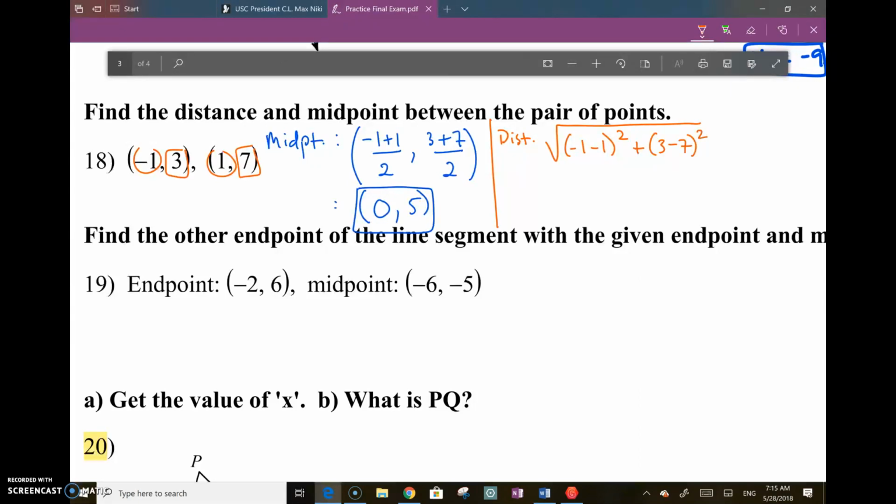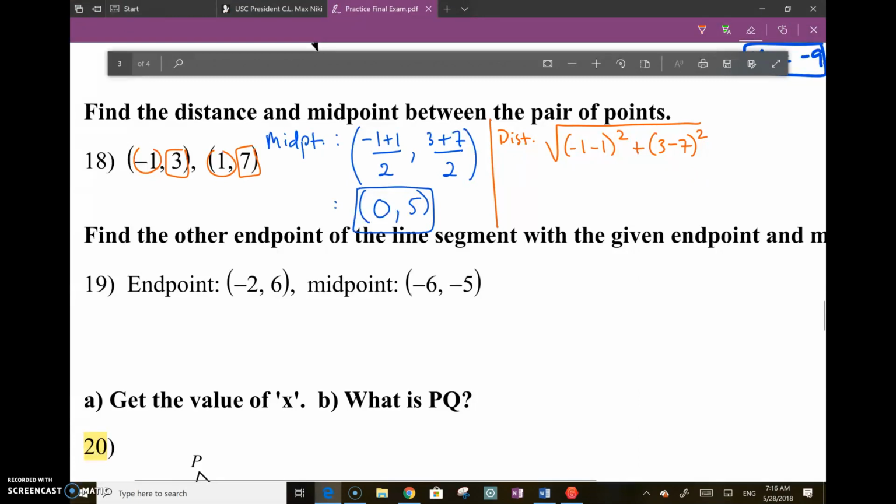Now, one thing I get asked a lot by students is, does the order matter? In other words, for the y's, could I put 7 minus 3, and for the x's, could I put 1 minus -1? And the answer is yes. The order doesn't matter, nor does it matter whether you put the x's first or the y's first. The reason is that they're all under the same square root and you combine the results by addition anyway.